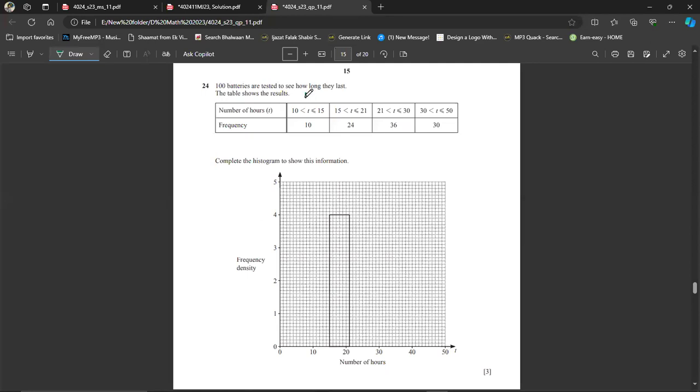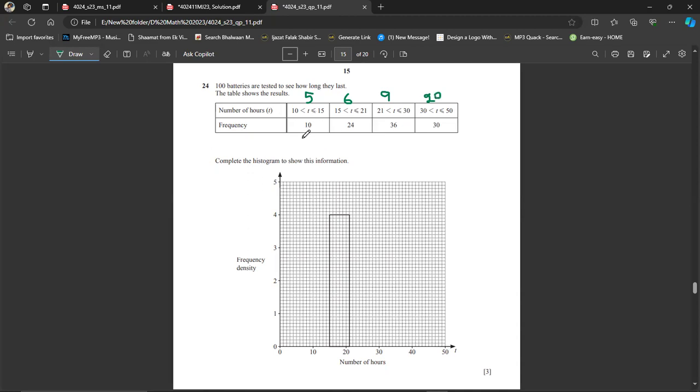This class width is how much? 5. 21 minus 15, so this class width is how much? 6. 30 minus 21, this class width is how much? 9. And 50 minus 30, this class width is, I think, 20.